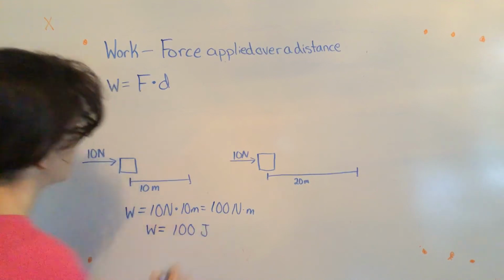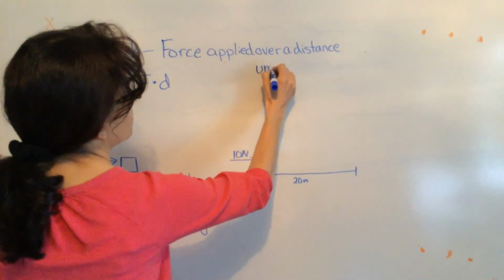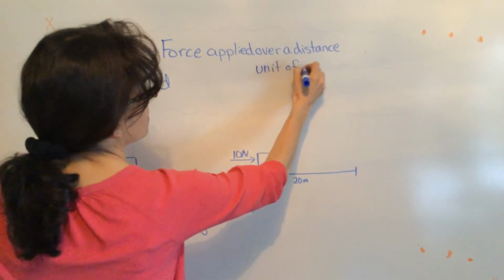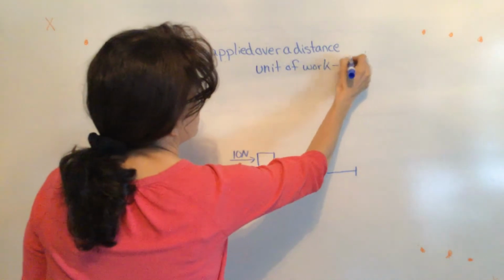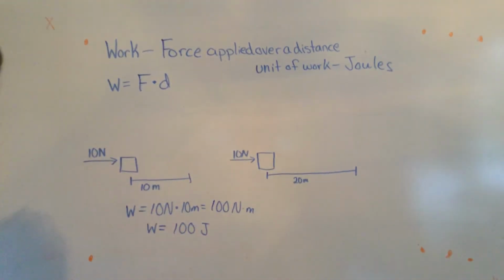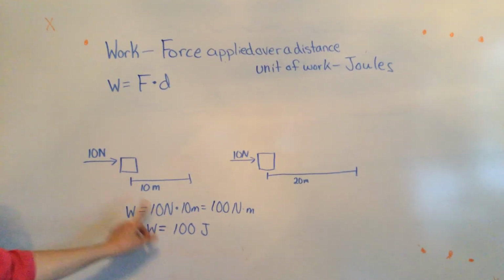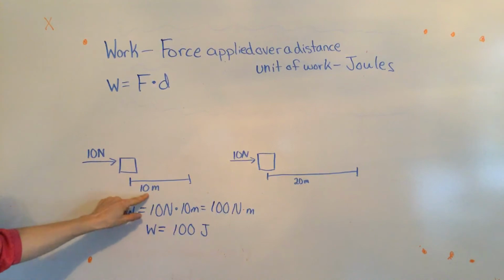We're going to write that as capital J. So the unit of work is joules.